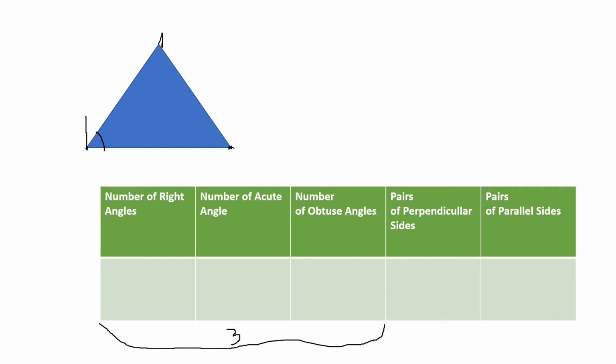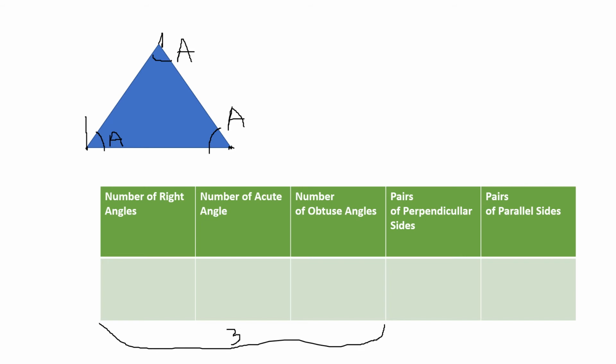So this is less than 90, so this would be an acute angle. Same thing up here. This is less than 90 degrees, so that is an acute angle. And our last one, this one as well, is less than 90 degrees, so that would be an acute angle.